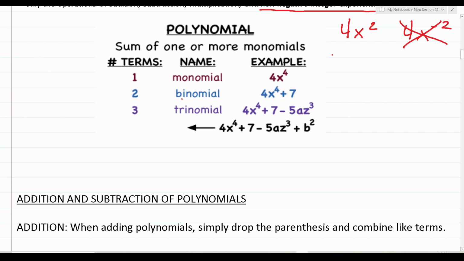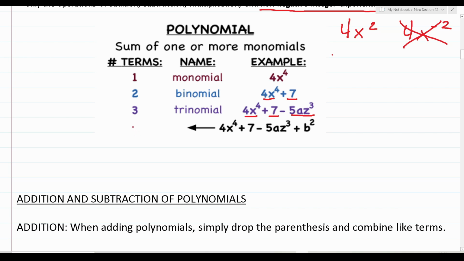A polynomial with two terms, such as 4x to the fourth plus 7, again, this is one term, this is the second term, is what's called a binomial. A polynomial that has three terms, such as 4x to the fourth plus 7 minus 5az to the third. Again, here's our first term, second term, third term, is called a trinomial.